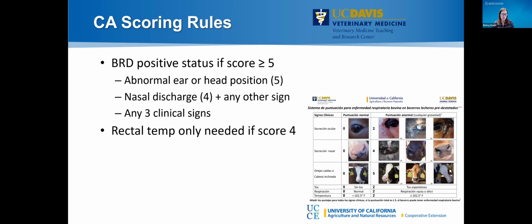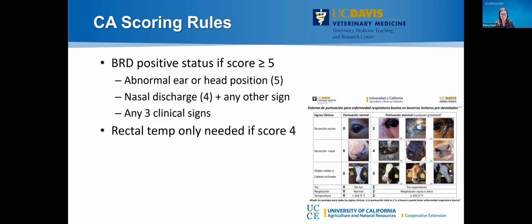One of the things that's beautiful about this system is I think we can all agree that jumping into calf hutches to get rectal temperatures is not on the top of anyone's favorite list of chores. So the rectal temperature actually is only needed if the score is 4.